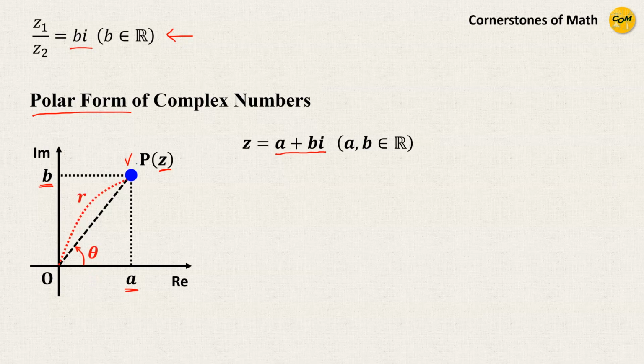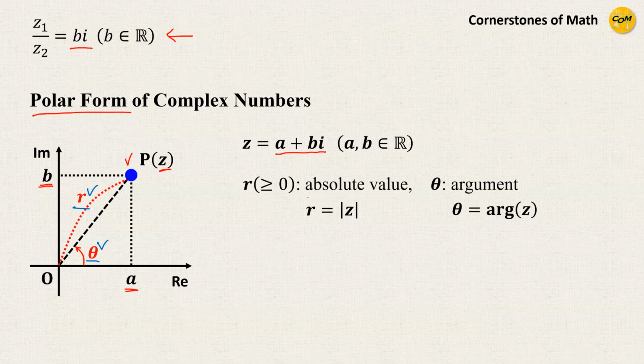The same point P can be uniquely determined by specifying these two variables r and theta, where r is the distance from origin O to point P, and theta is the angle between the half-line OP and the positive direction of the real number axis. Here, r is called the absolute value of complex number Z, and theta is called the argument of Z.